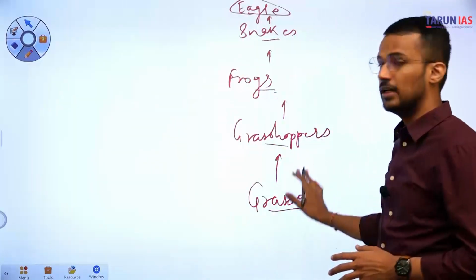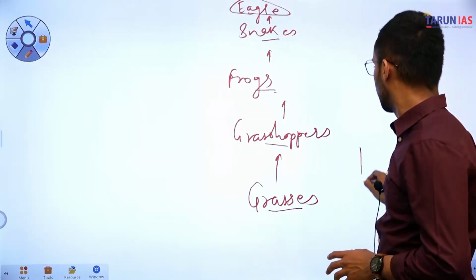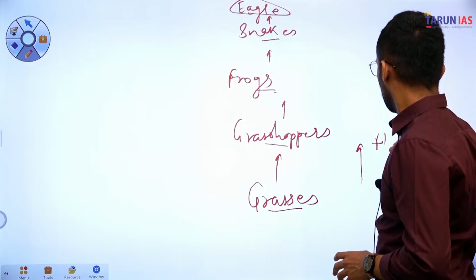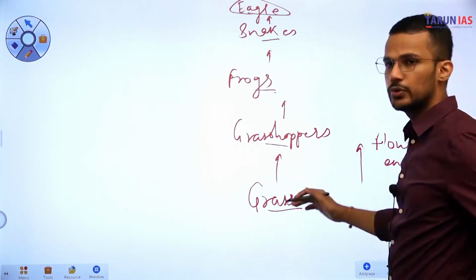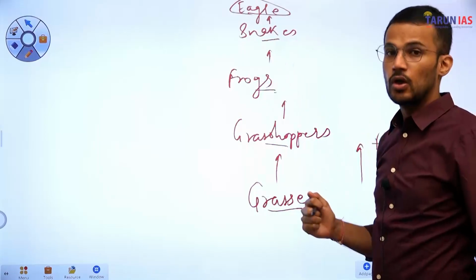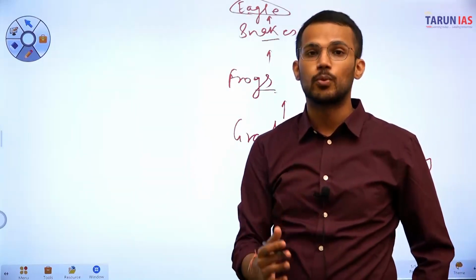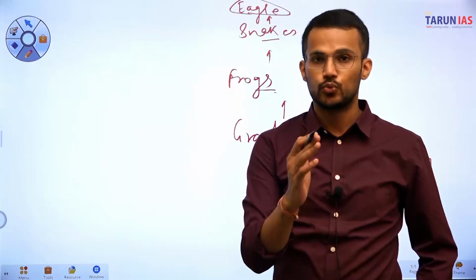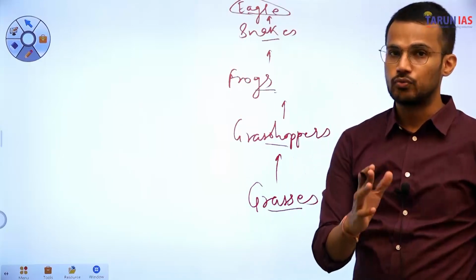And this is a food chain. It tells us the flow of energy from producers to consumers. Also, it tells us who is feeding upon whom. That means the feeding pattern is illustrated by food chains.